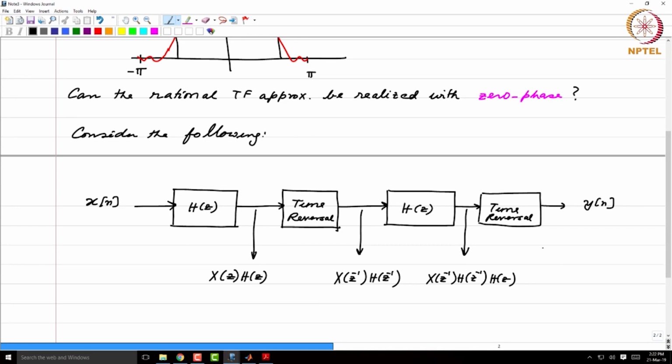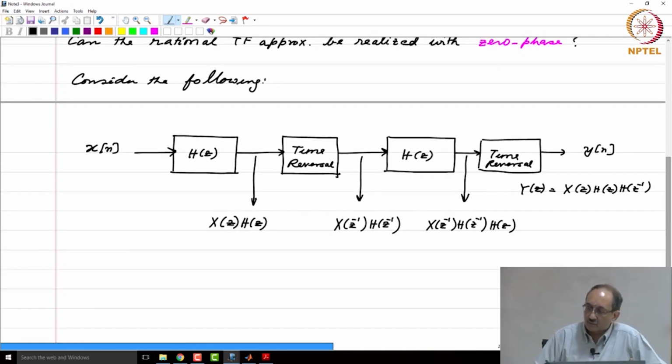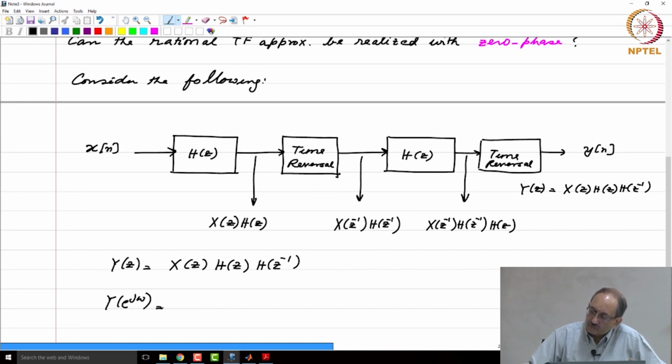Therefore, at this point, y of z is, now you have to take the input z transform and then replace z by z inverse. Therefore, this becomes x of z, h of z, h of z inverse. So, this is what the output's z transform is, that is y of z is x of z, h of z, h of z inverse.